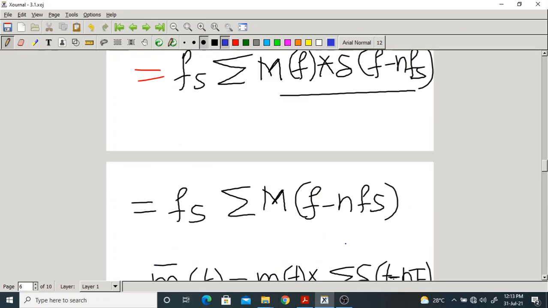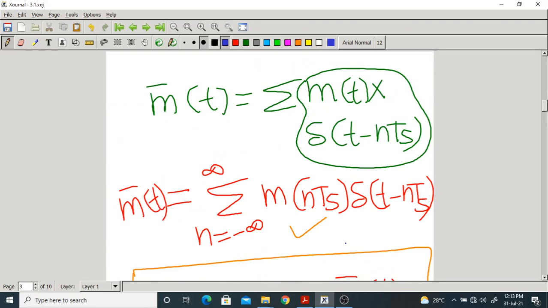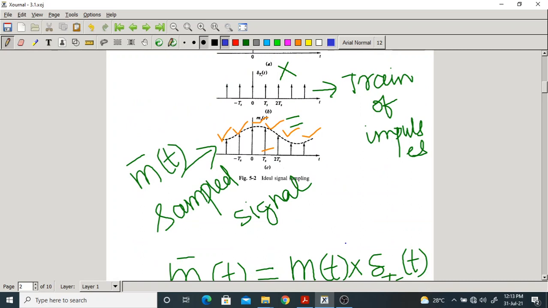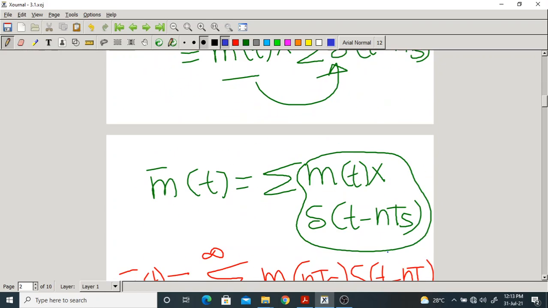Okay. What do you mean by this? What is m line of f? That is the Fourier transform of what signal? This signal. If you take the Fourier transform of this signal, you get capital M line of f. What is that?